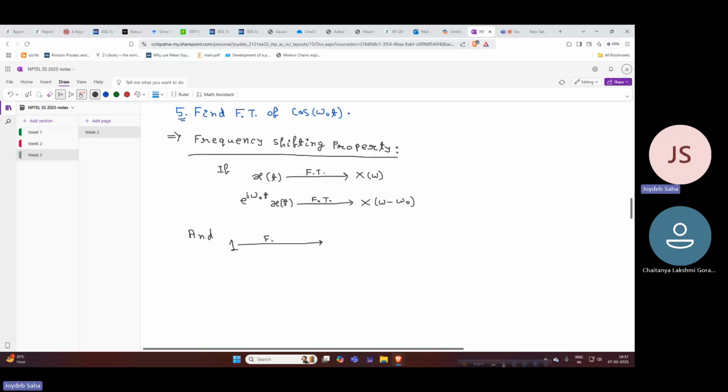That Fourier transform of 1 will be 2 pi delta omega. You can solve this easily. You people try to solve it at your home, not now.